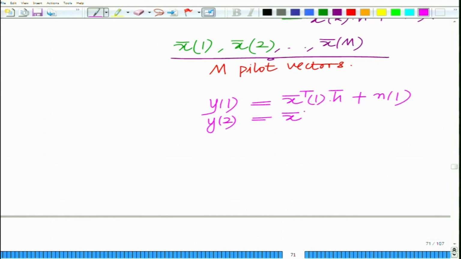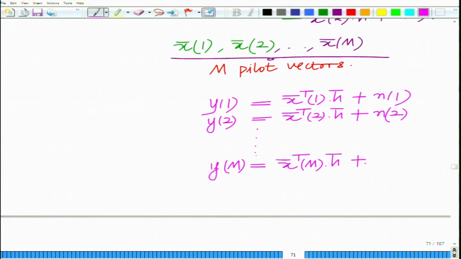Similarly, y2 equals x bar transpose 2 into h bar plus n2, and so on, ym equals x bar transpose m into h bar plus n of m.